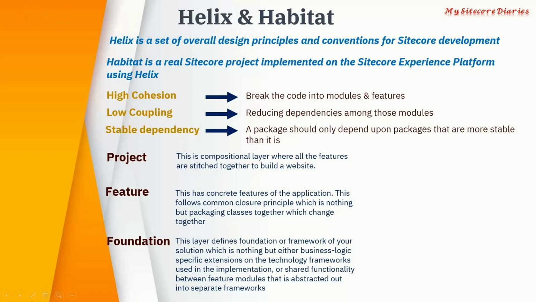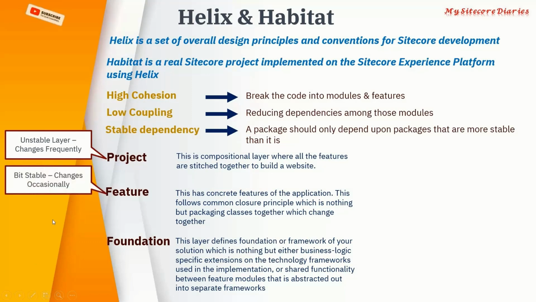Now how does the stable dependency principle work? Stability is about how much your code gets changed. In that case, the project is the most unstable layer, because anything can change, like your content editor can change the hero banner to a carousel. So it changes frequently, whereas a feature changes only occasionally, when some functionality changes and the code has to change.